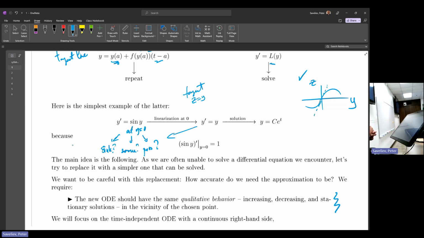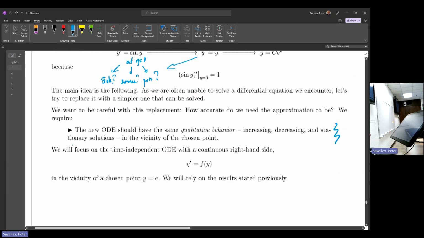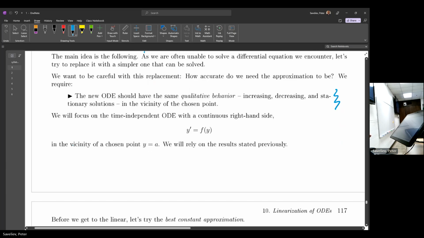If it produces something else, then our simplification is excessive. It gives us a differential equation that has nothing to do with the original. At the very least, we require this to be the same. Sometimes it's very simple to do, and sometimes it's slightly more complicated, but in one dimension it is totally manageable.